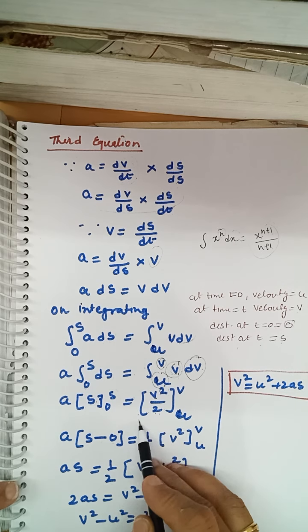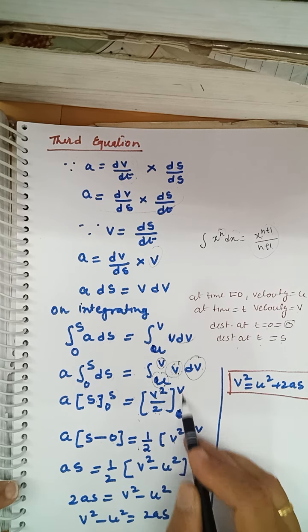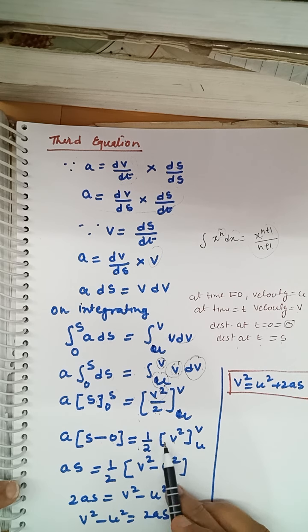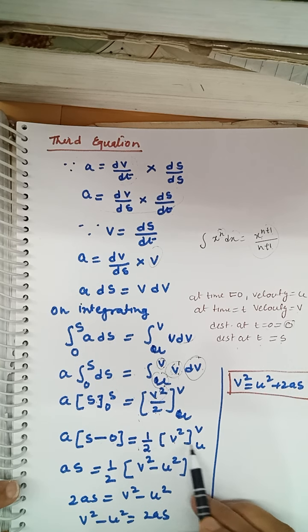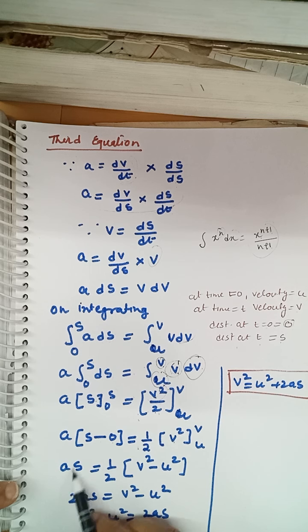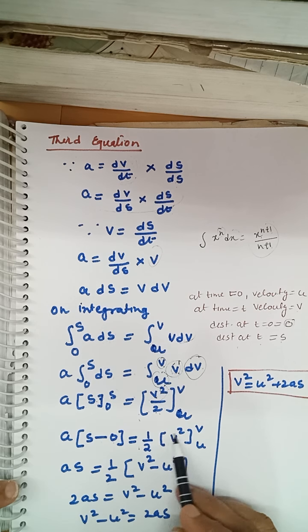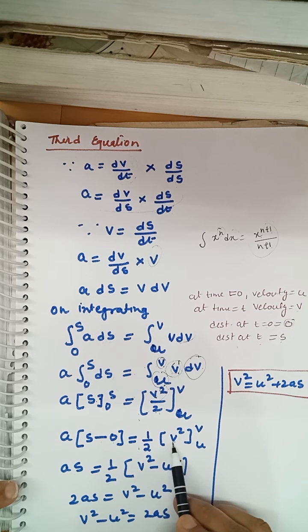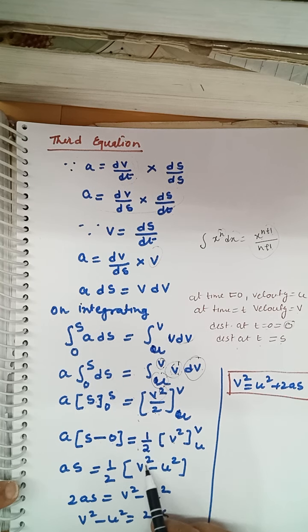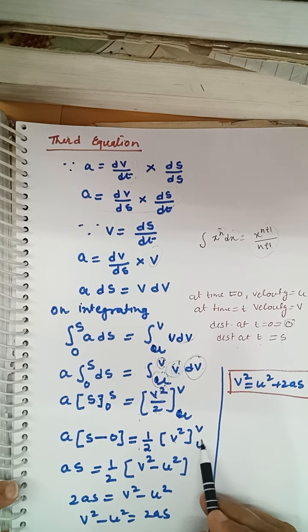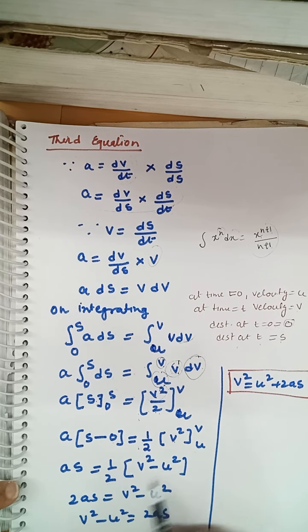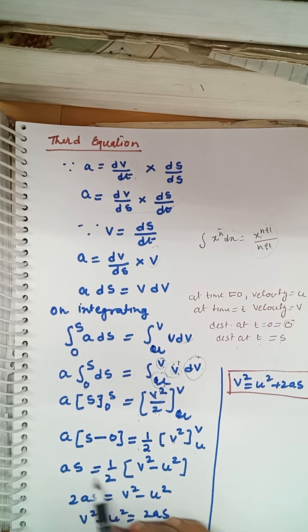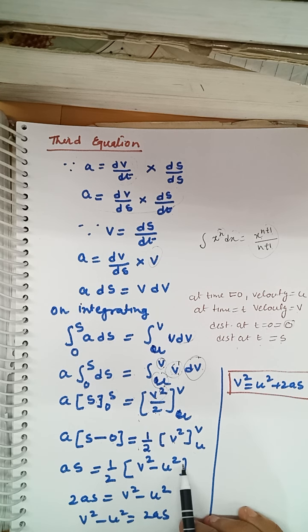Take 1 by 2 outside, then apply the limit for v square, limit u and v. So this becomes 1 by 2. Now for v square, first you write v square upper limit minus u square lower limit. Then you have got as is equal to 1 by 2 into v square minus u square.